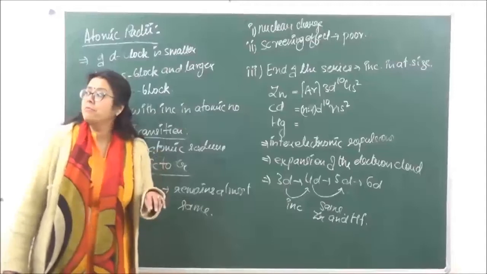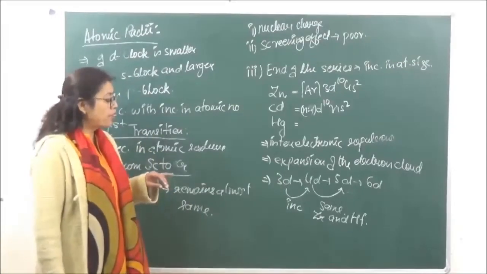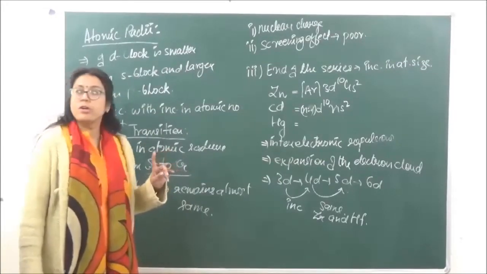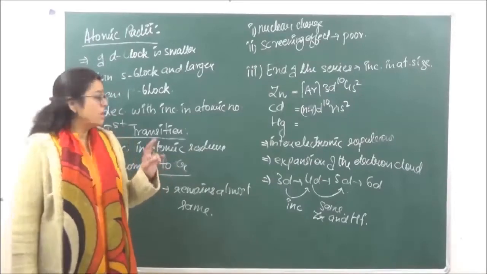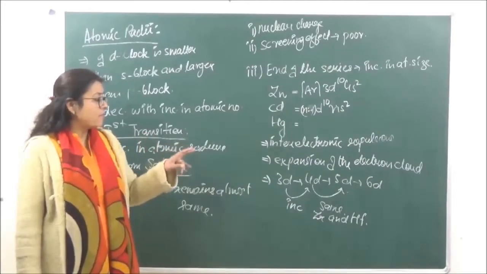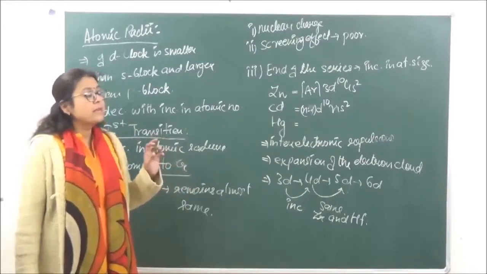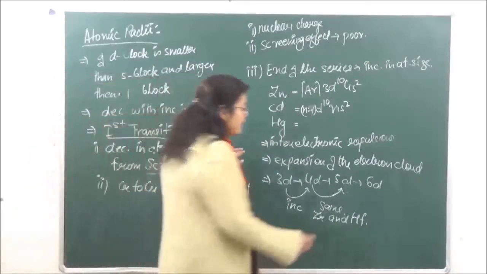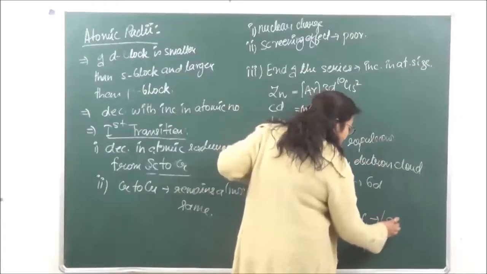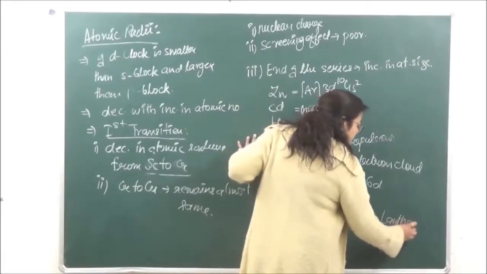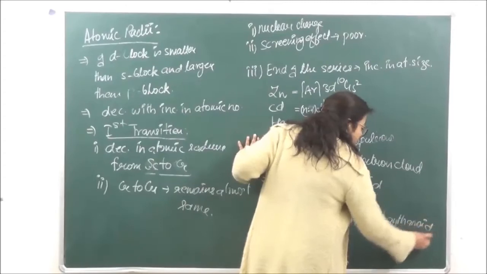Zirconium and hafnium, if you're looking at the d block elements, zirconium is going to be the second member of the 4d series, and hafnium is the second member of the 5d series. Both are going to have the same sizes. The reason behind this is lanthanoid contraction.